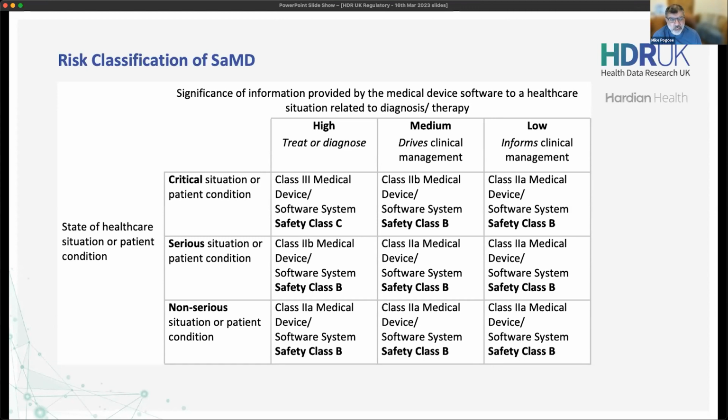You're informing clinical management. If you're starting to say that with these scores there's an immediate action to be taken with the patient, a relatively real-time action, then you're driving clinical management, because now the software is indicating and the clinicians or whoever could actually believe entirely what the software says and go and do it.